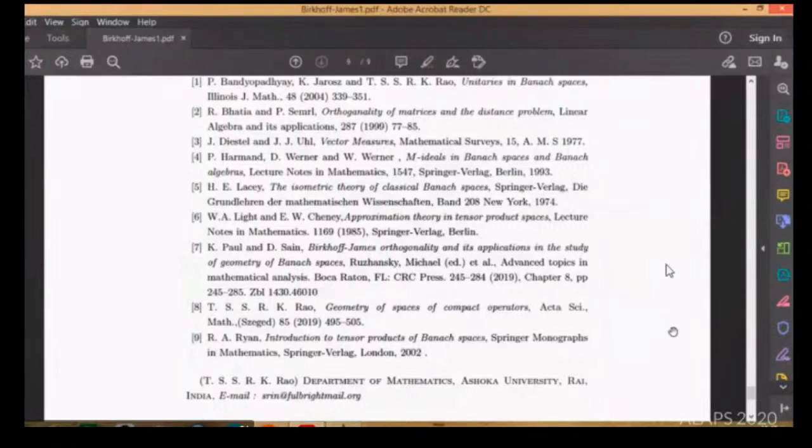It appeared in 2019 in this proceedings. So that is a very good point to start the study. And I think for the general theory of tensor products, the monograph by Ryan, Introduction to Tensor Products of Banach Spaces, is a good place to learn tensor product theory.